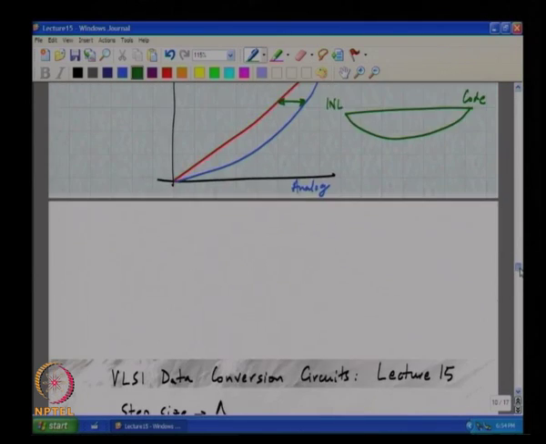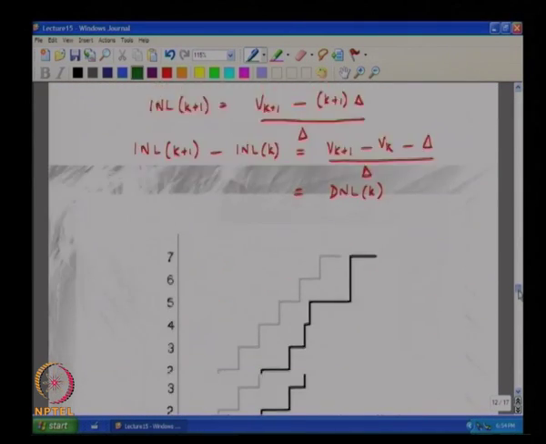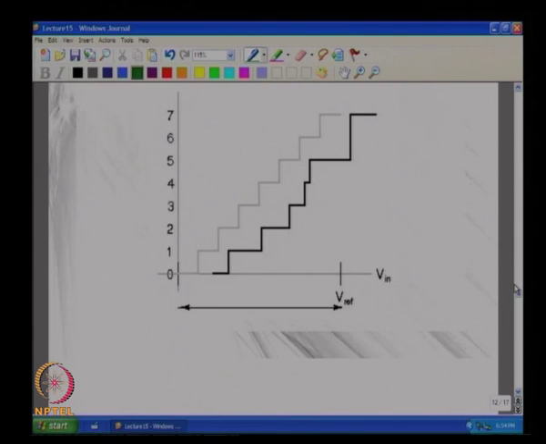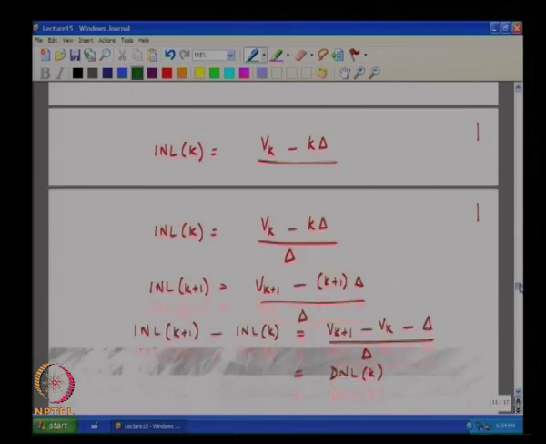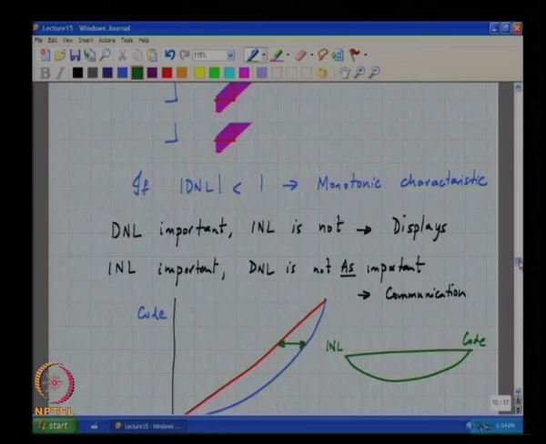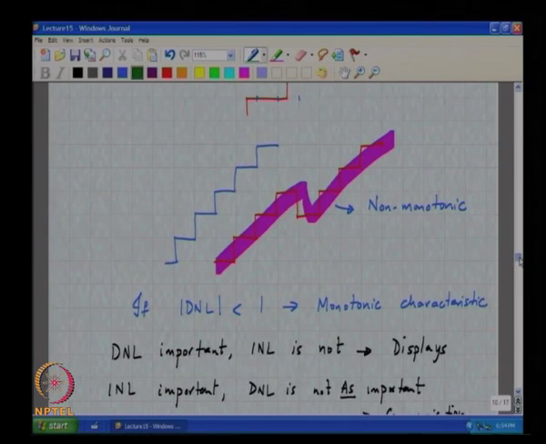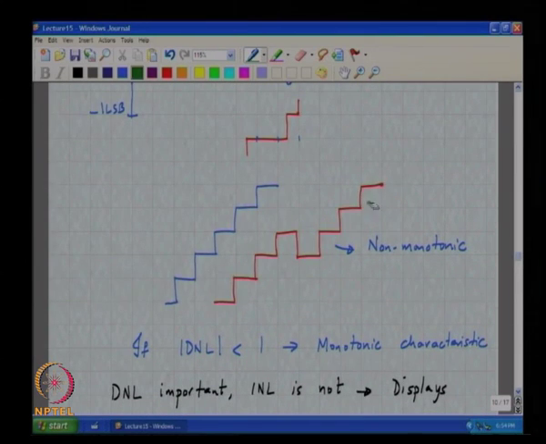Yes. For this non-monotonic, how will you define DNL alone? Because for some codes there may be two different values. Yeah. So, oftentimes when the stuff is non-monotonic, when you are trying to do this transition test, you will find that you will have errors in the test because there are different ranges for which you get the same code.